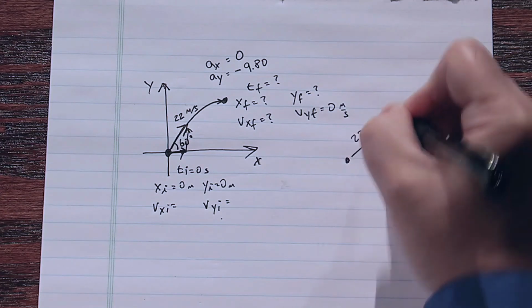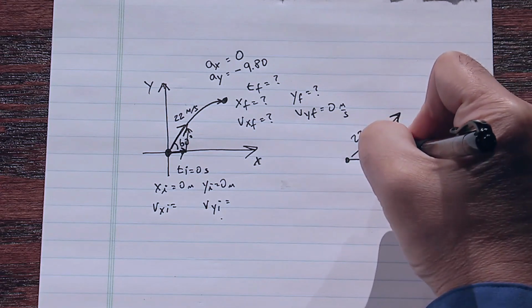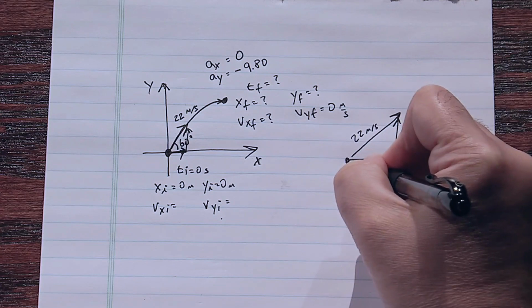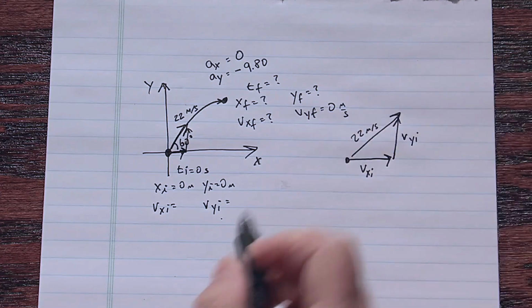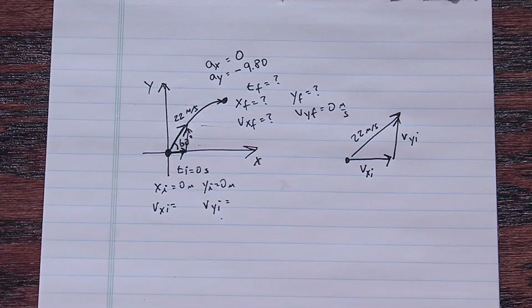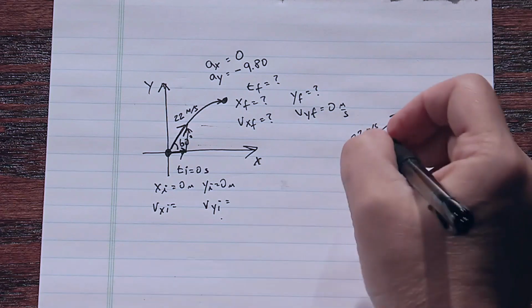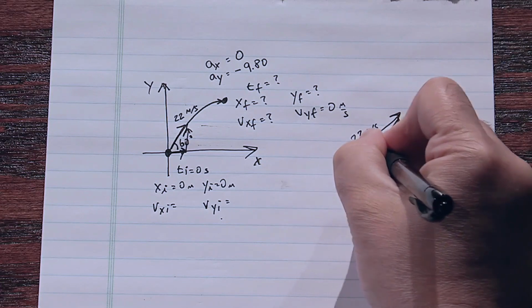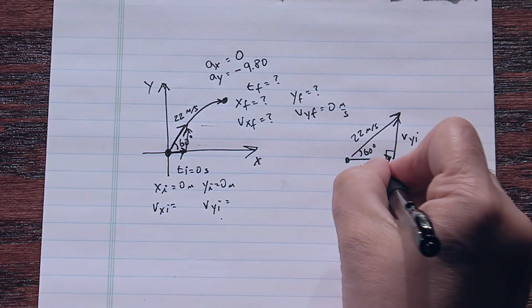22 meters per second. And Vx initial, Vy initial. So what I've done is I've taken this little triangle right here, drawn it bigger, and we know that x and y are perpendicular to each other, and we know that this is a 60-degree angle. So now we see how to break up our initial velocity into x and y initial velocities.